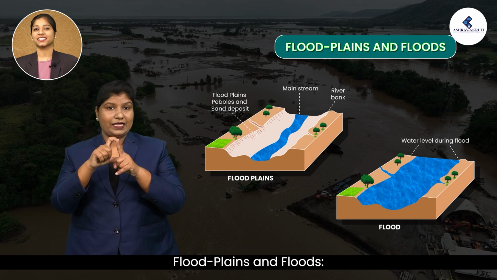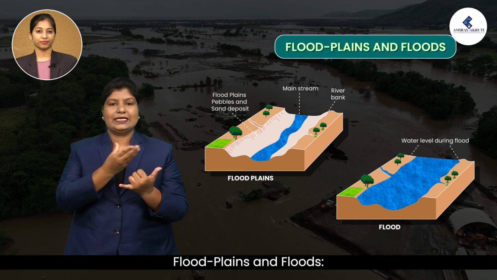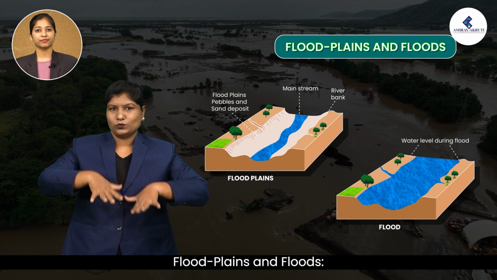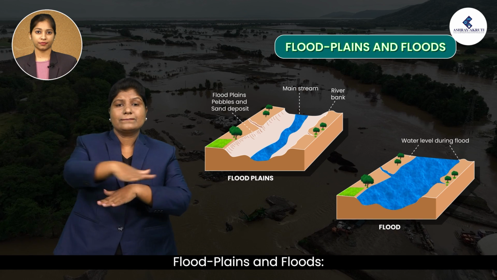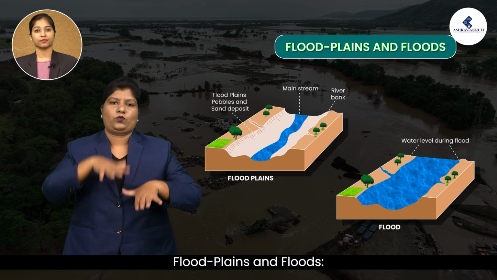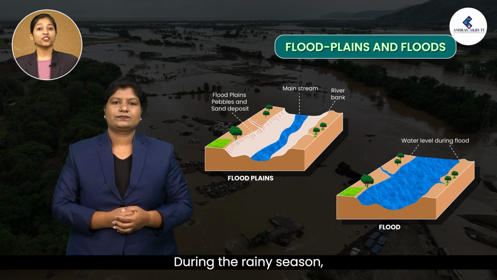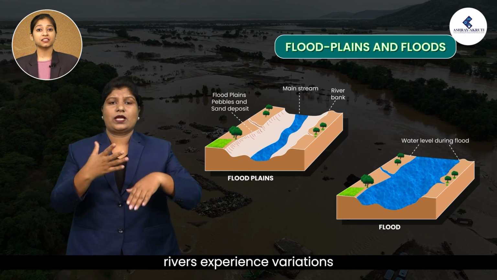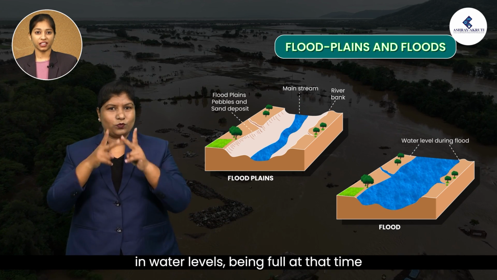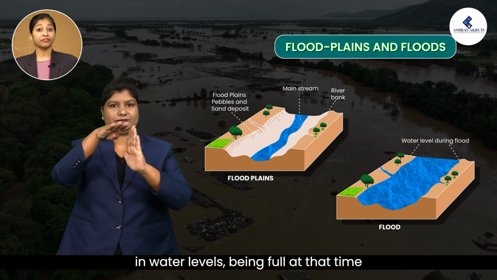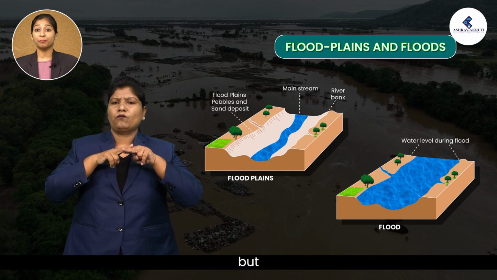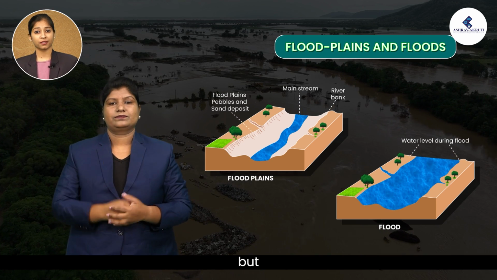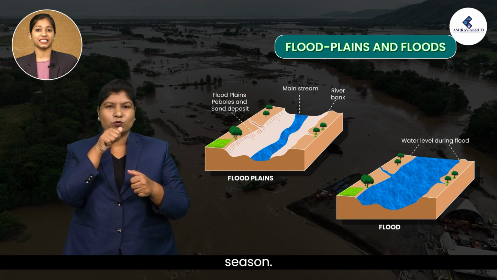Floodplains and floods. During the rainy season, rivers experience variations in water levels, being full at that time but shrinking during the dry season.